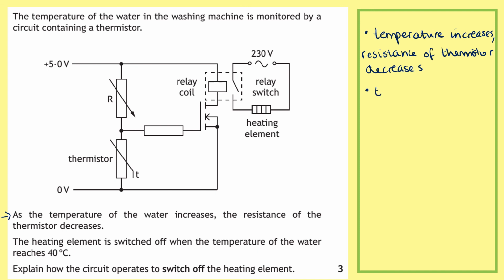So, therefore, the voltage, and you have to be specific here, the voltage across the thermistor decreases as well. If the voltage across the thermistor decreases, that means the voltage is also going to decrease across your MOSFET.